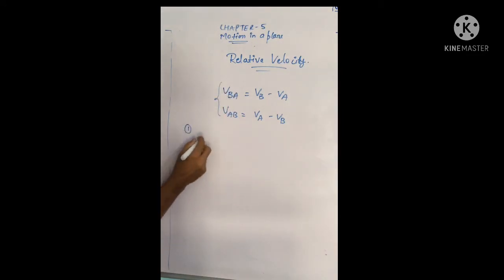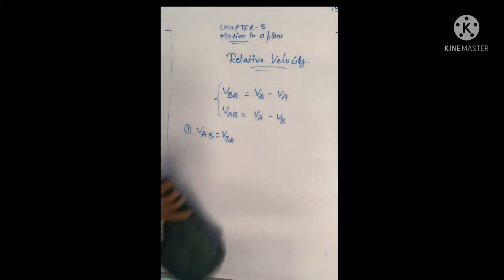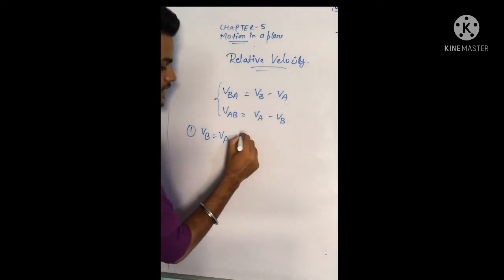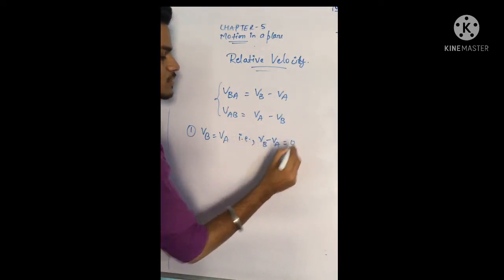So we have some cases. Now the first case is if vb is equal to va, means the velocities of both the objects are the same, that is vb minus va will be equal to 0.